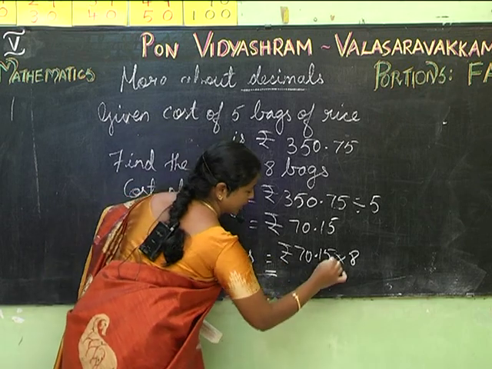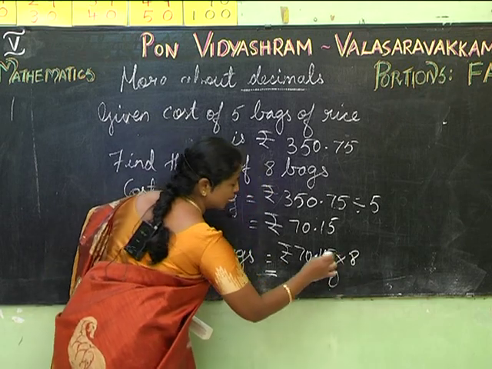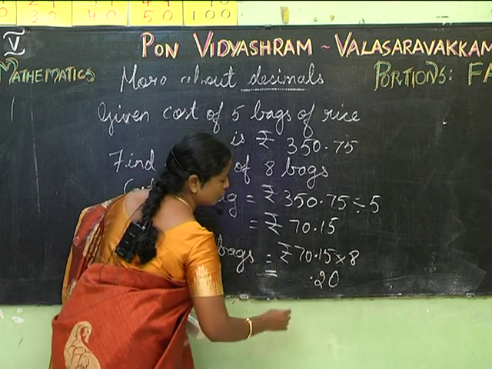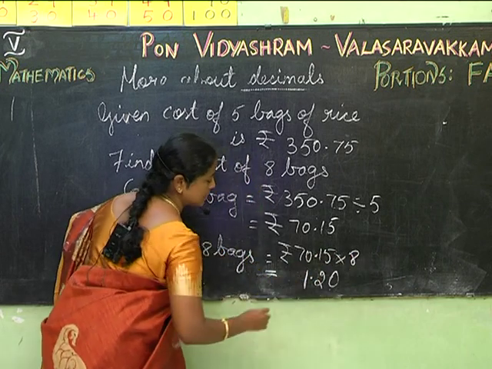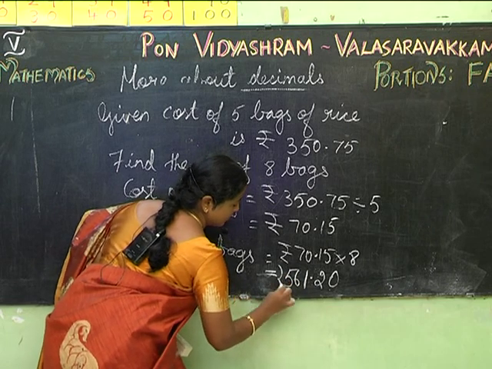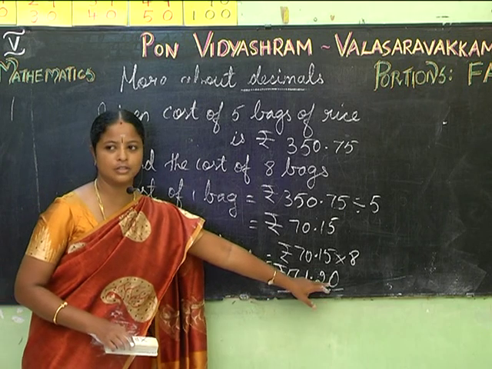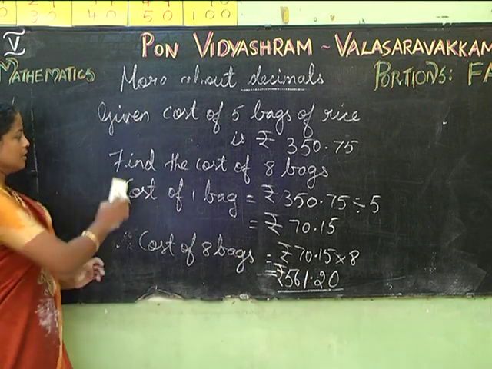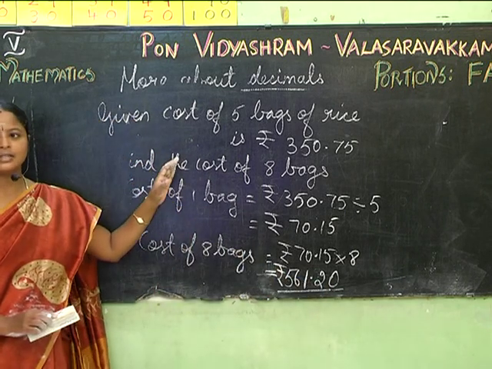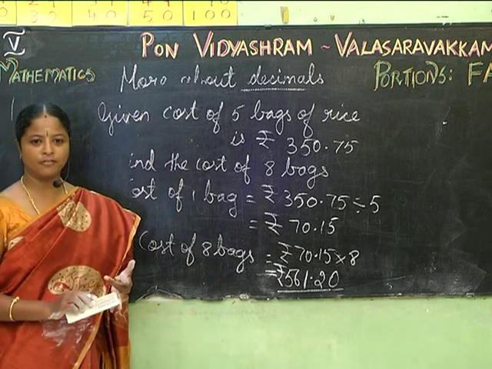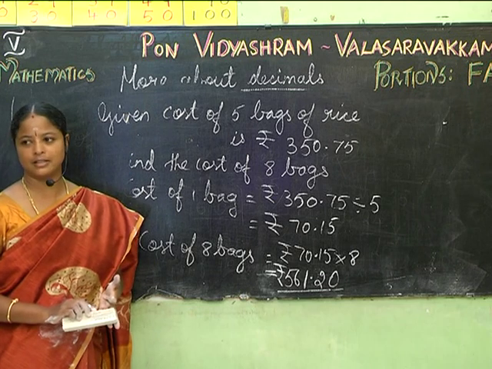That is 8 fives are 40, 4; 8 ones are 8 plus 4, 12; 8 zeros are 0, 1; 8 sevens are 56. So it is 561.20. So in this chapter we have learnt about multiplication of decimals, division of decimals, and the unitary method.